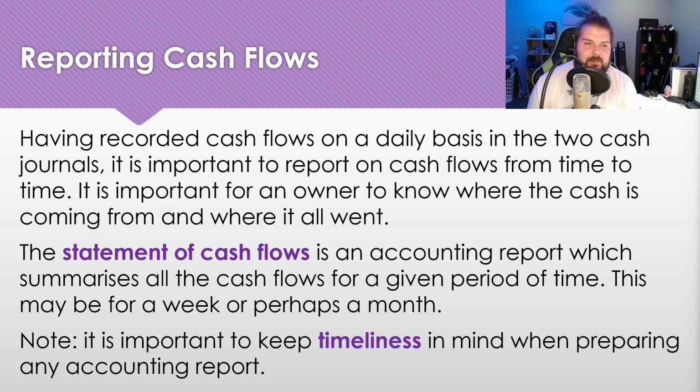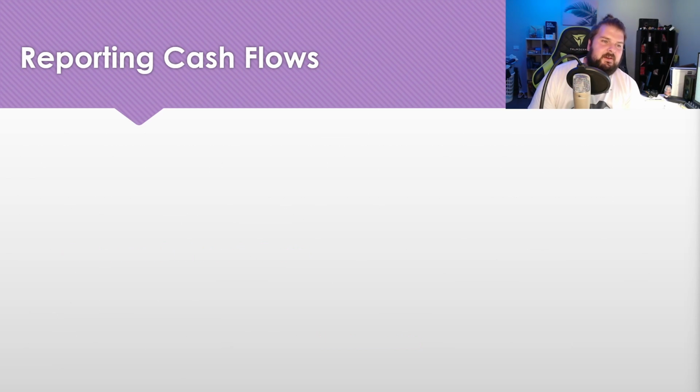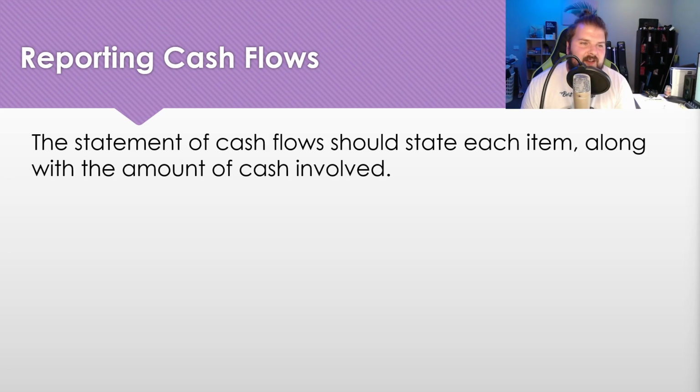And this is where the statement of cash flows comes in. When we report our statement of cash flows, we need to include every single item that has its own column. And along with that, we also need to report every individual item within the sundries.